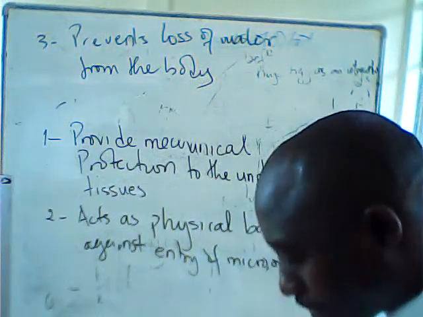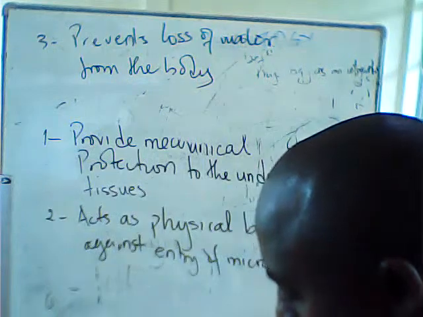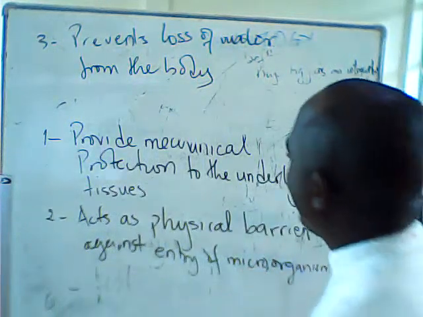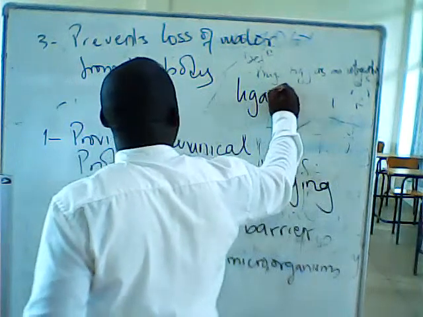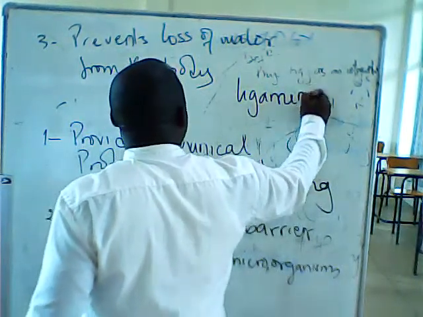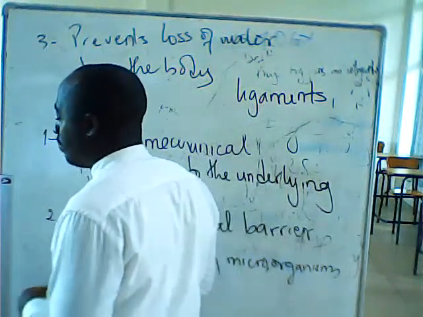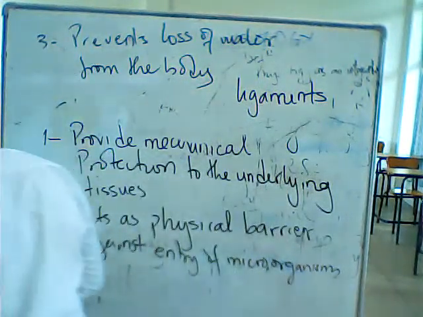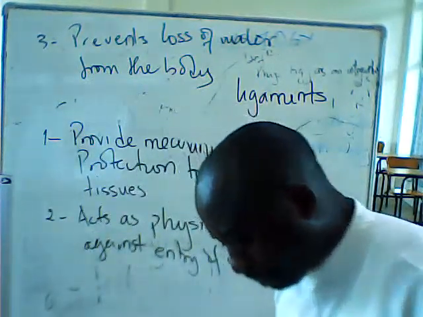The skeleton. And at joints, these bones are joined by what? Fibrous bands called ligaments. Okay? Ligaments.